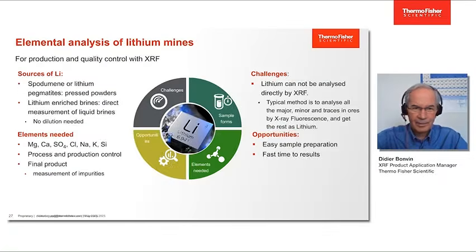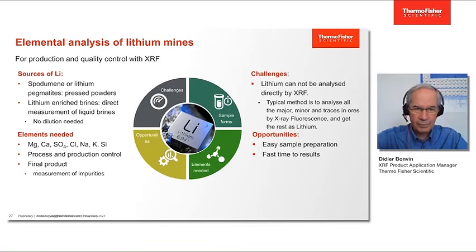Now let's move to other parts of the world and talk about some lithium mines. They are mostly located either in Australia for the spodumene or lithium pegmatites, either in Australia or Canada. These would be prepared as press powders.